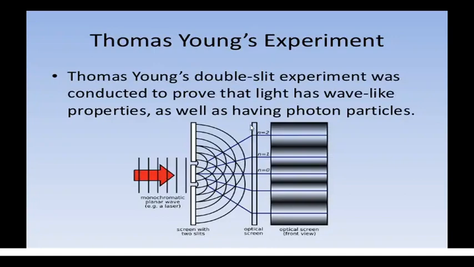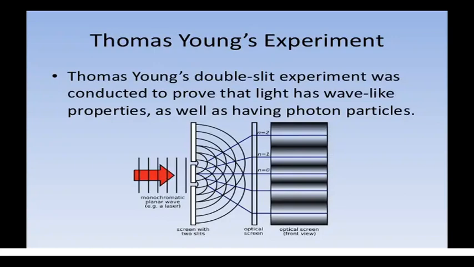And you can see here on the optical screen, you can see interference patterns, which includes constructive interference as well as destructive interference. That means the slits cause the light from the two slits to overlap on the screen, producing interference.